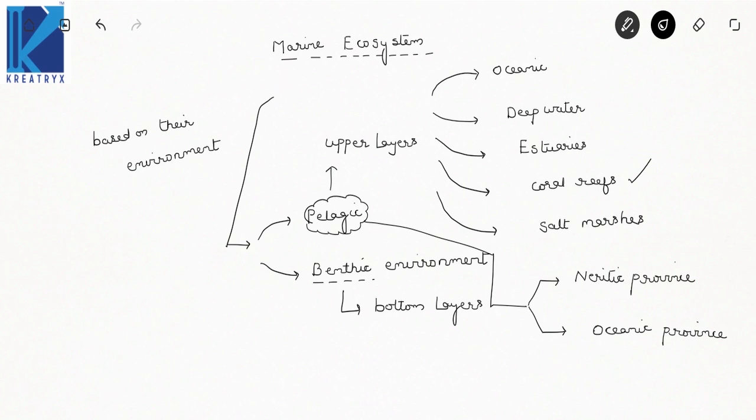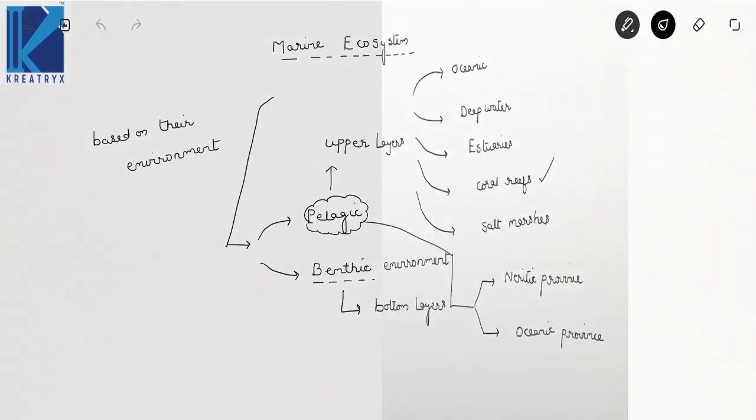In the pelagic environment we said that again they are divided into two types. Now what is neritic province and what are the characteristics of this, right?